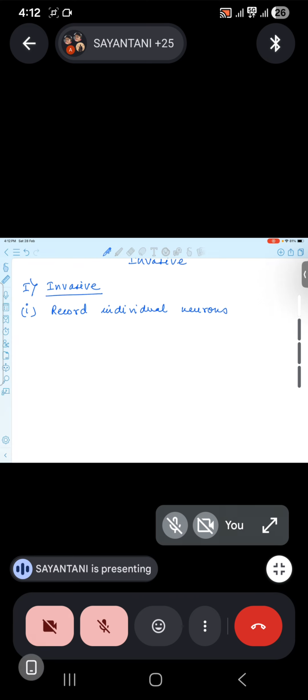As the word invasive suggests, you have to go for a surgery. That means a part of the skull is removed, then the electrode is implanted inside the brain, and then the skull is replaced. So what happens here? You have to remove the skull.